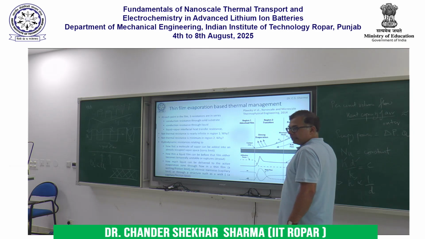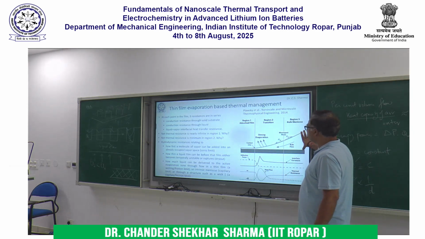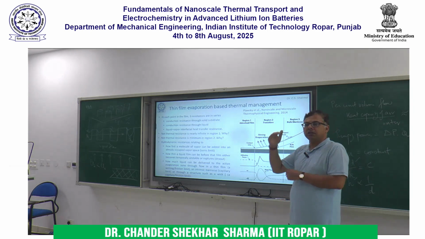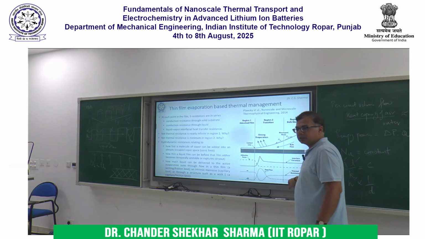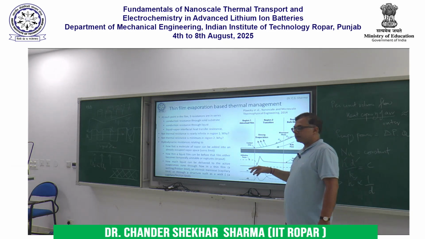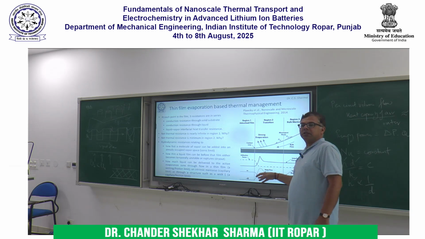On this side, the adhesion force is small, but due to the large thickness of the liquid, you have large conduction resistance. So again the thermal resistance is high. It is region 2 that is the sweet spot, where the thermal resistance is small and the heat flux is high.